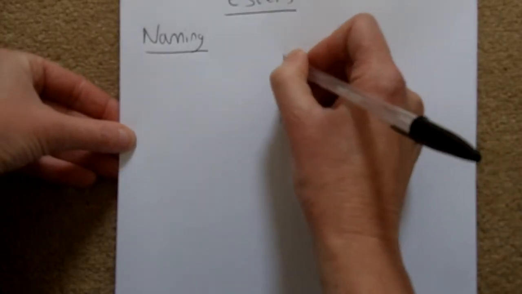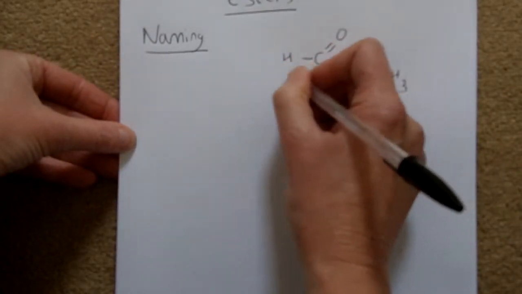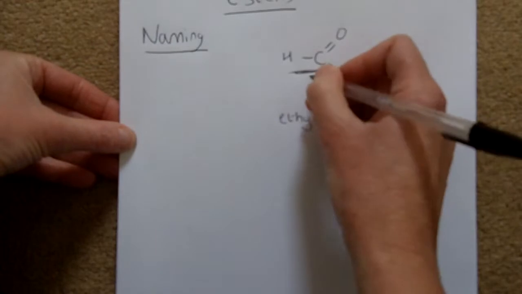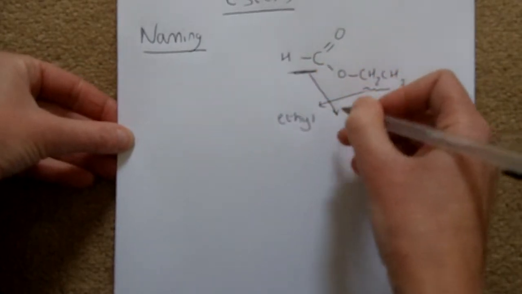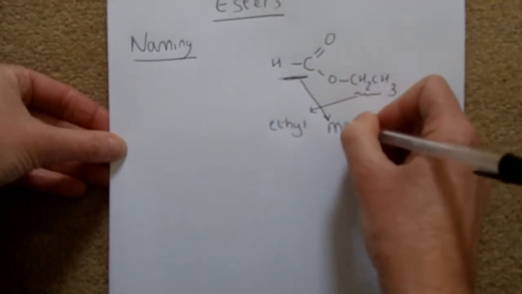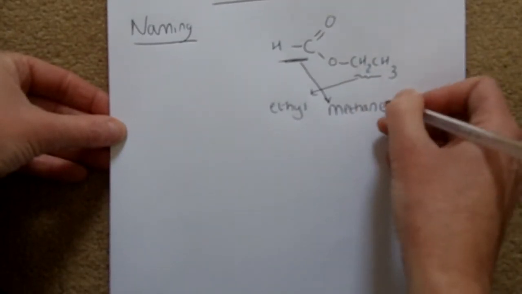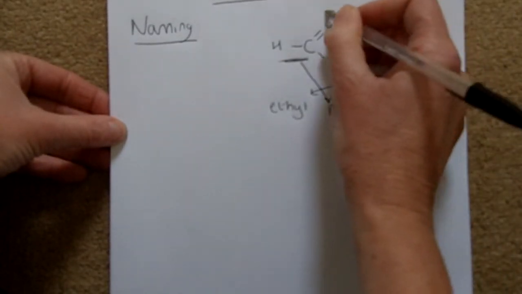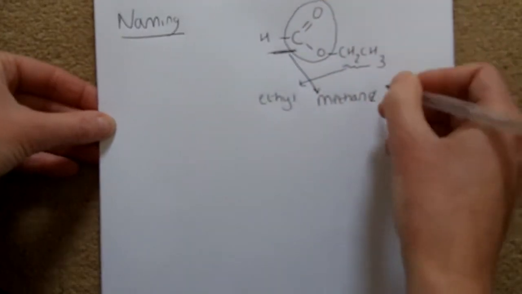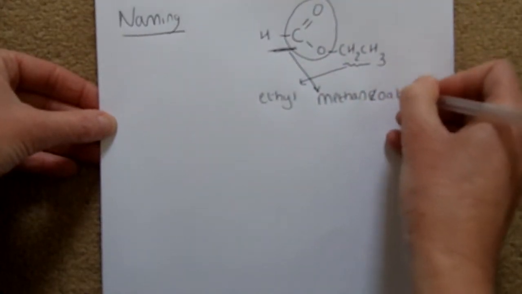And then if we just have 1 carbon on this other side, that is called methane, but take the E off, methan, and then the functional group is called oate.